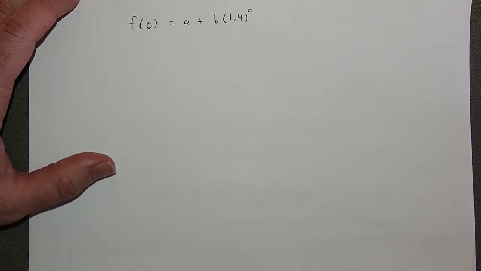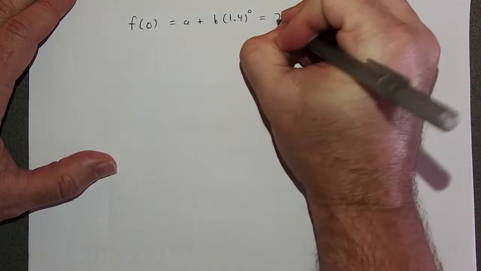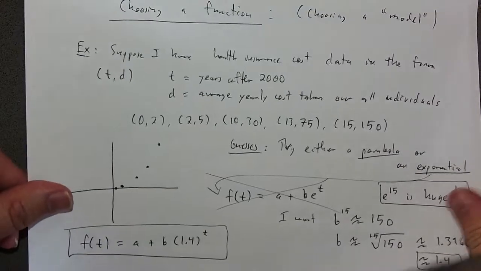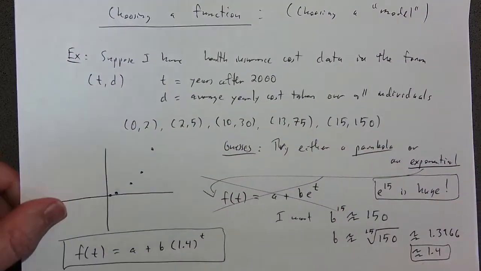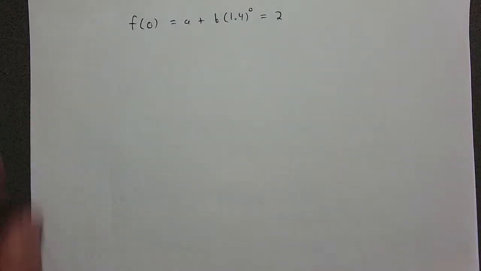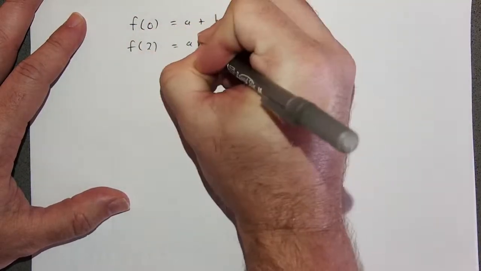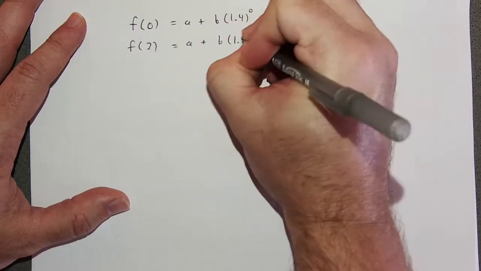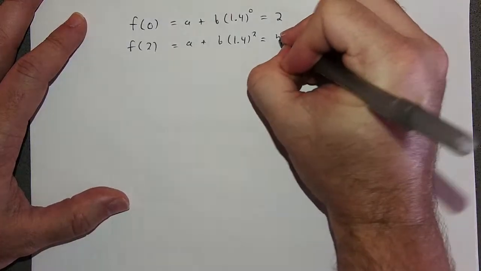And that needs to equal my y value. The point was 0, 2, so this would be 2, right? So just one more time, flashing these points on screen for you so that you're not confused as to where these numbers come from. F of 2 then is going to be a plus b times 1.4 squared, and that will equal 5 because the point is 2, 5.